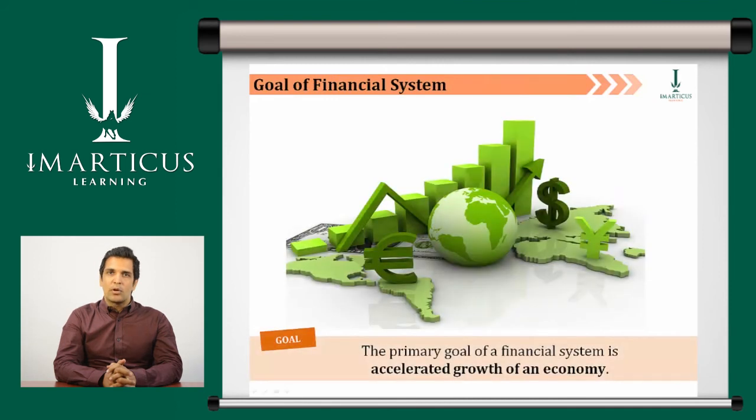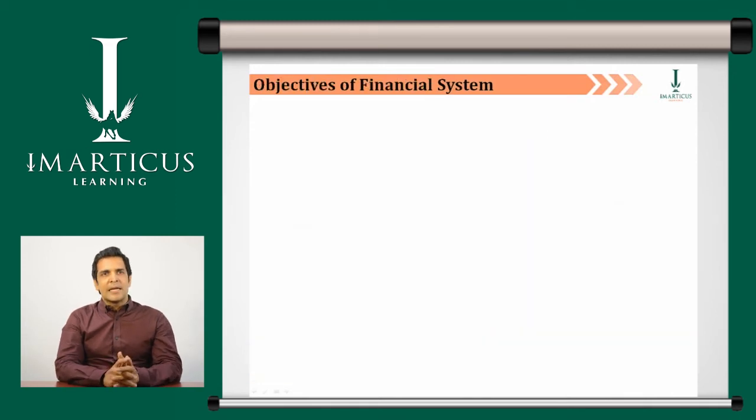The primary goal of a financial system is the accelerated growth of an economy. In order to achieve that primary role, the financial system needs to mobilize the savings which are then invested in desired products.